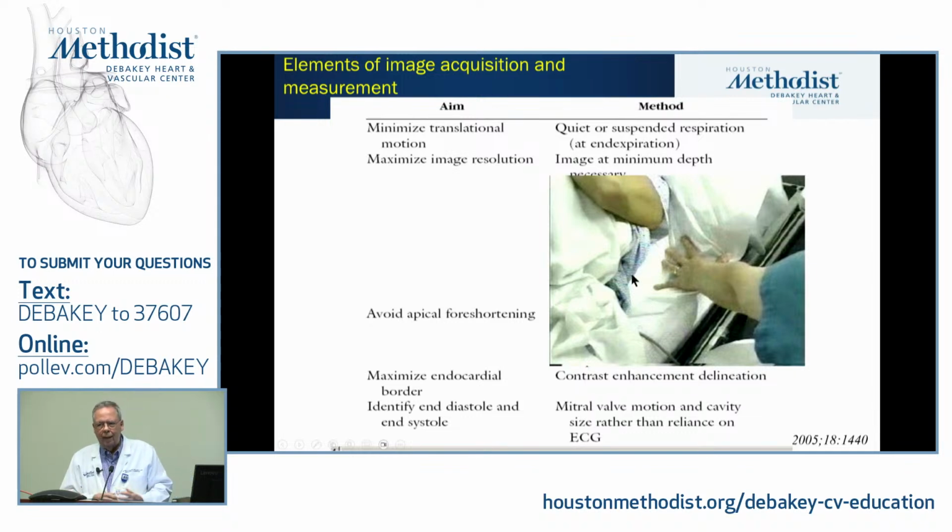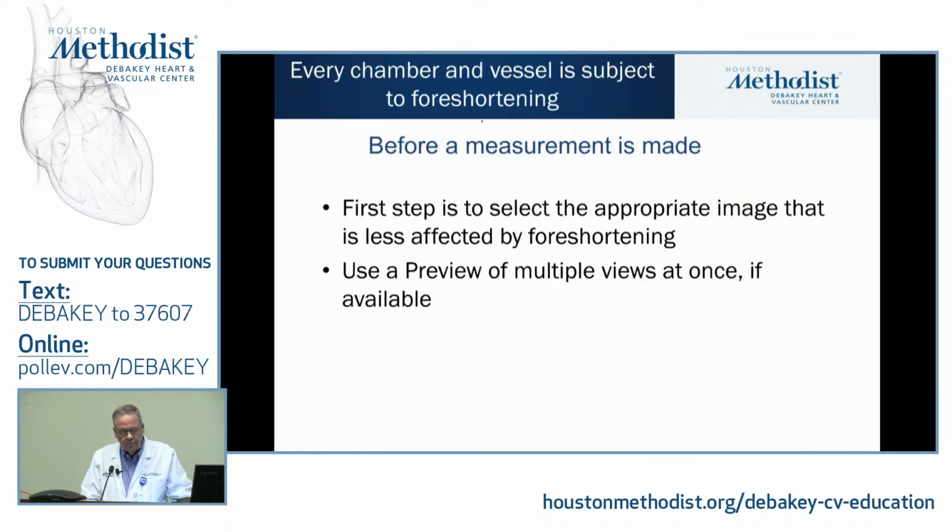But when you guys go to an ICU, that's not easy. So that's why in the portable studies we get back, that's where we're going to have a lot more issues with foreshortening because of the inability to go way down there into the left lateral and get a good alignment with the apex.